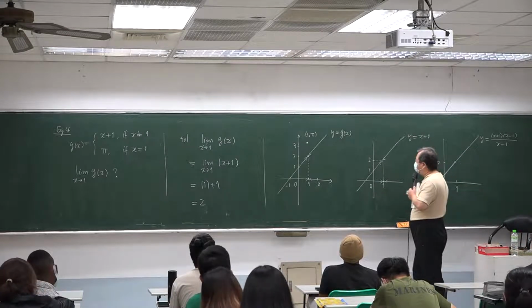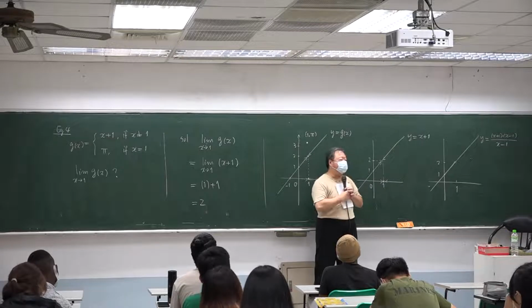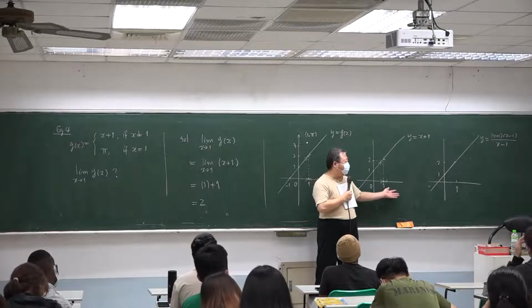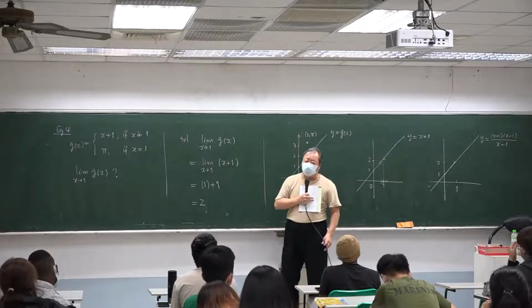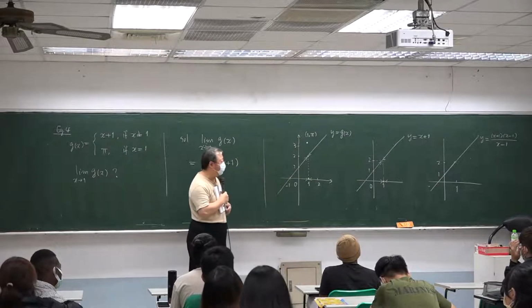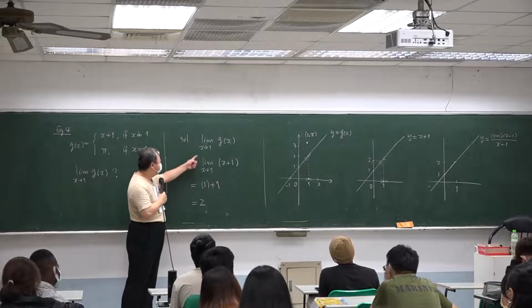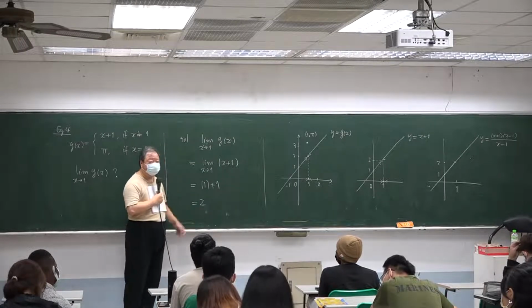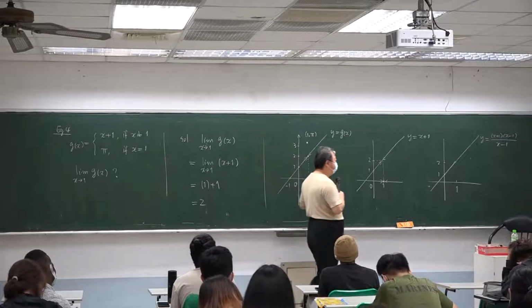But outside 1, I mean, for x which is not 1, these three functions have the same values. So these three functions have the same limit when x approaches 1. They are all 2.